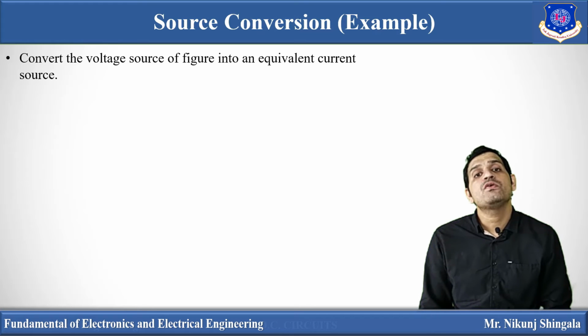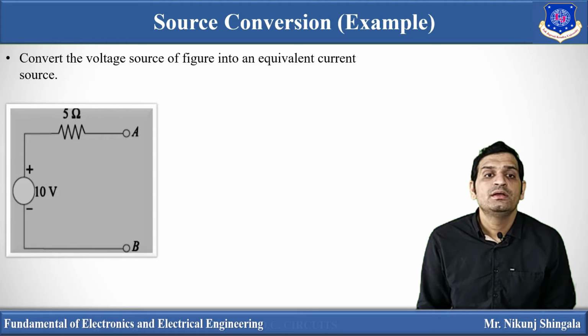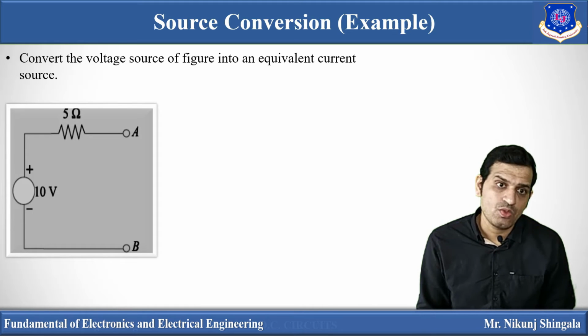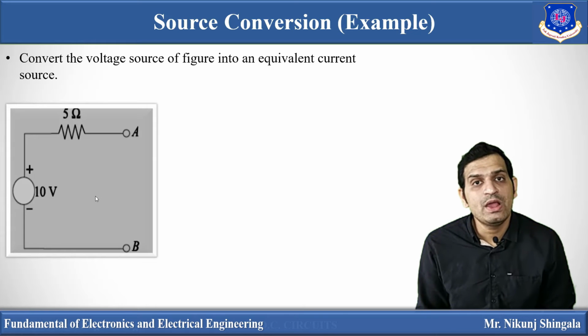Now one example based on the source conversion technique. In the given circuit, we have to convert the voltage source into the equivalent current source. Here one voltage source is there, with a value of 10 volt. It is in series with a 5 ohm resistor. This network we have to convert into the equivalent current source.